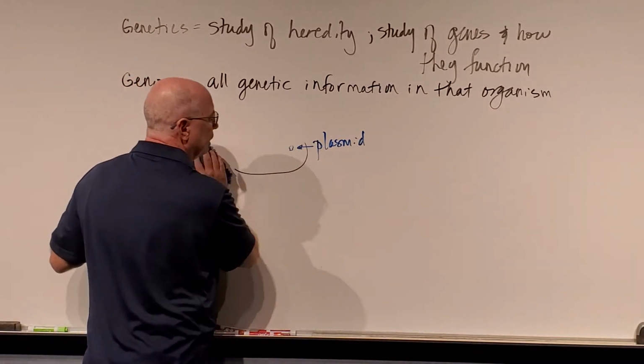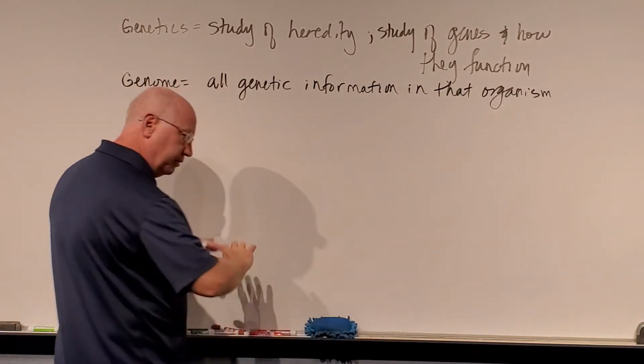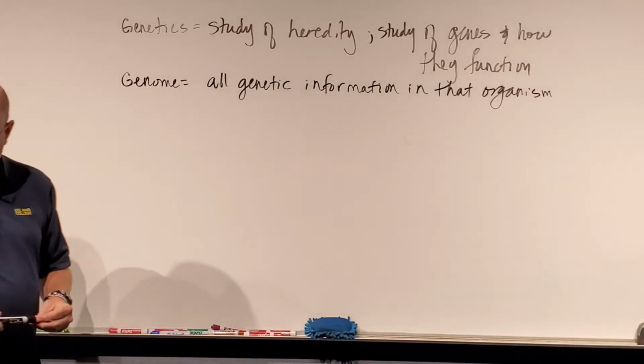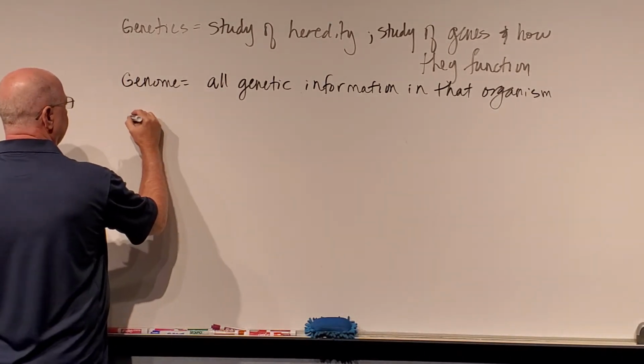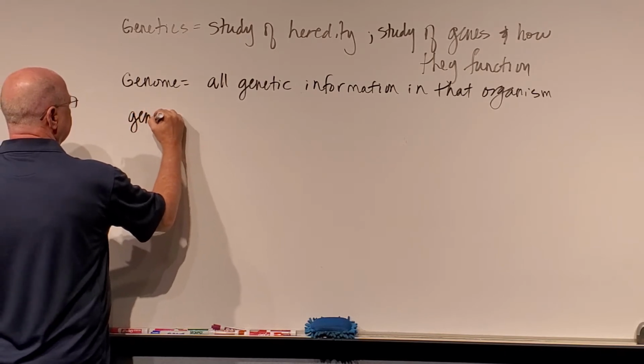Okay? So you guys need to know when we're talking about the genome, we're talking about all the genetic information inside the cell. Well, that requires us to talk about things like a gene.